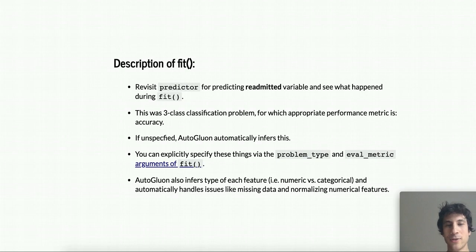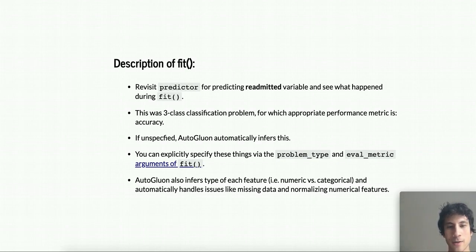Now let's go back to the original predictor for our 3-class multi-class classification problem for predicting the readmitted variable and see what actually happened during fit. So this was a 3-class problem, and the default metric AutoGluon chose was accuracy. Again, it'll just automatically infer this if you don't specify what the metric or the type of prediction problem should be.